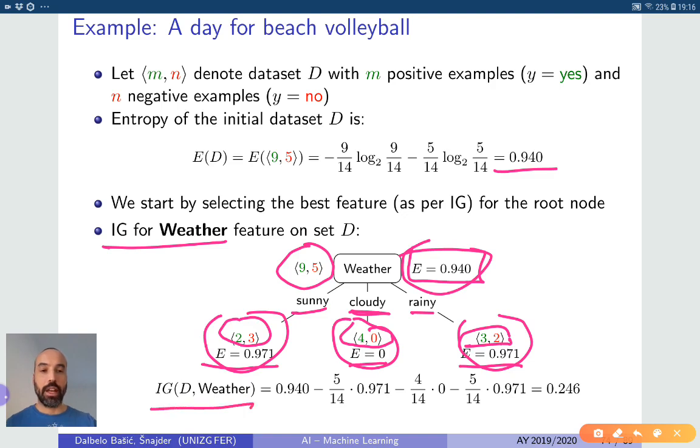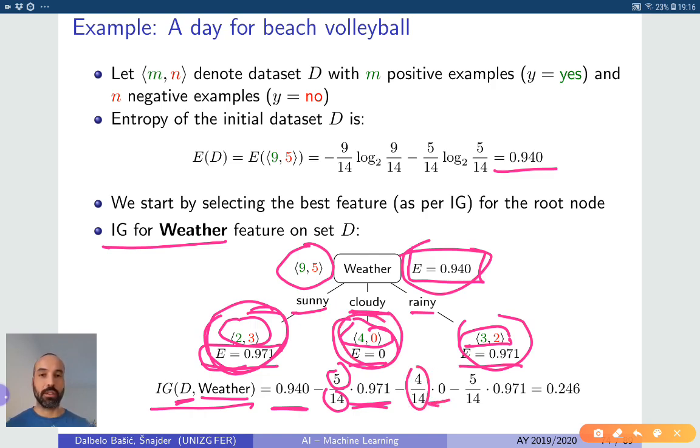So the information gain of weather on data set D is, the initial entropy is 0.940, and this now will be reduced, so a minus and then a sum of the expected entropies for each branch. For this branch, it's 5 examples out of 14, times the entropy, and then for this branch it's 4 examples out of 14, the entropy is 0.